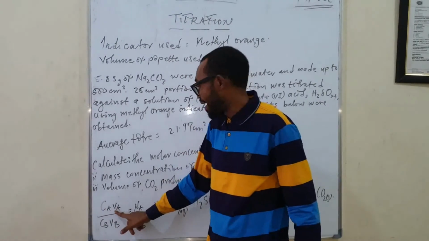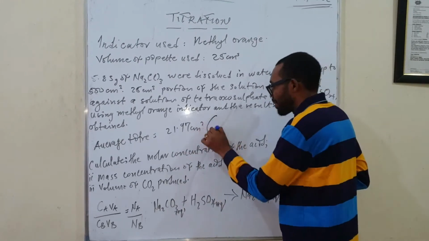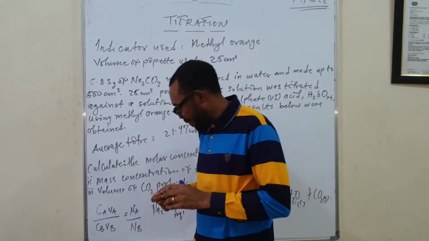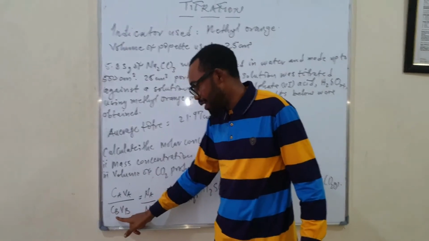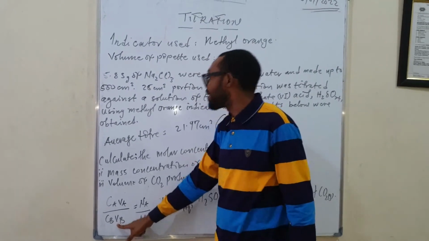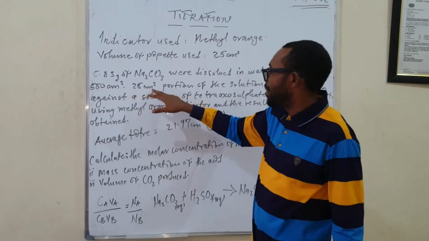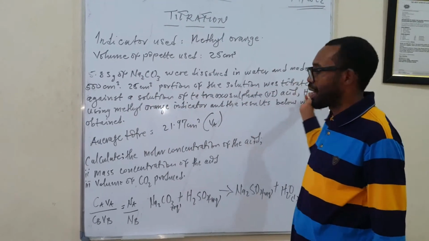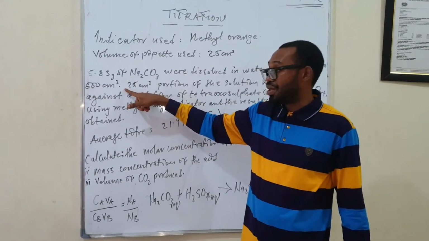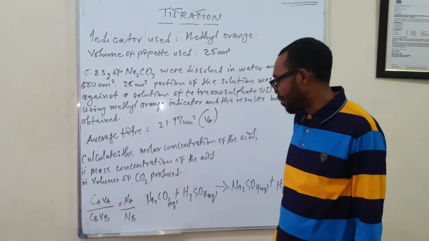Va is the volume of the acid which we calculated from the table. Cb is the concentration of the base. Vb is the volume of the base, which is given in the question because the question says that a 25 cm³ portion of the solution was titrated. That automatically depicts the volume of the base, which is the volume of the pipette you use in measuring the base into the conical flask.